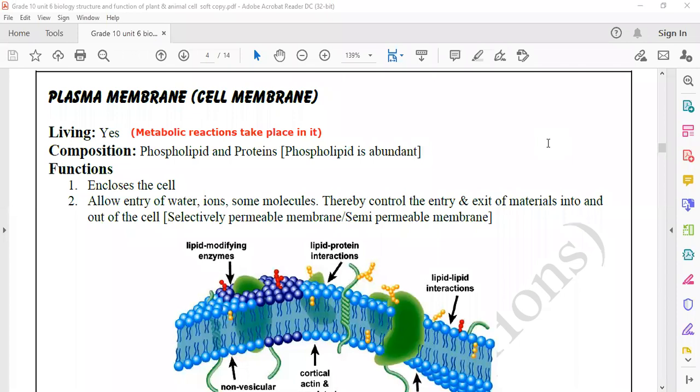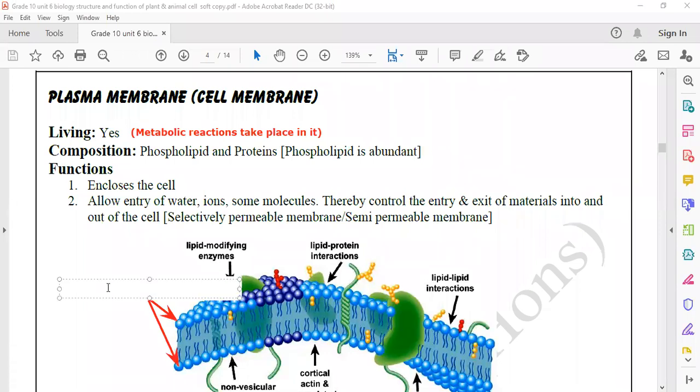If you take a cell membrane, two main materials are there. You don't need to worry about what has been given in the diagram. Your book doesn't have a good diagram, so I picked a diagram from the internet.